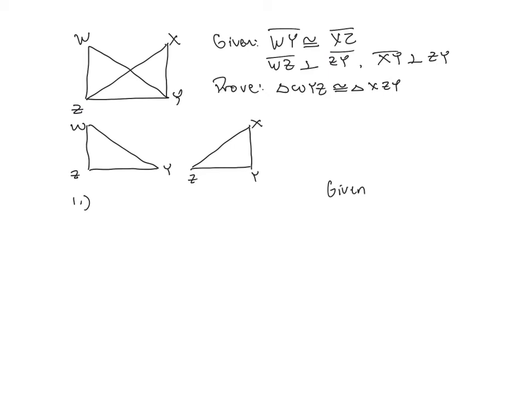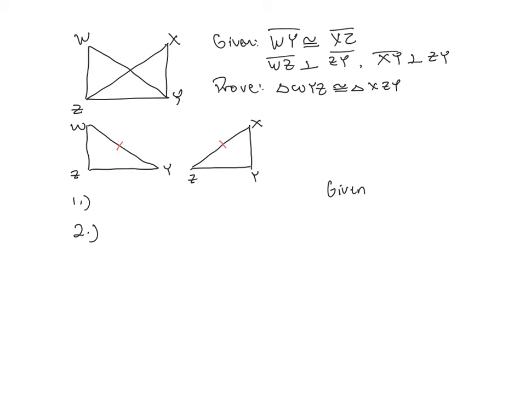And in the given, it gives us that WY and XZ are congruent. Alright, so perpendicular. WZ is perpendicular, XY is perpendicular. Okay, so when things are perpendicular, they form right angles. That's the conclusion that you have to make. There's no other conclusion that you can say.